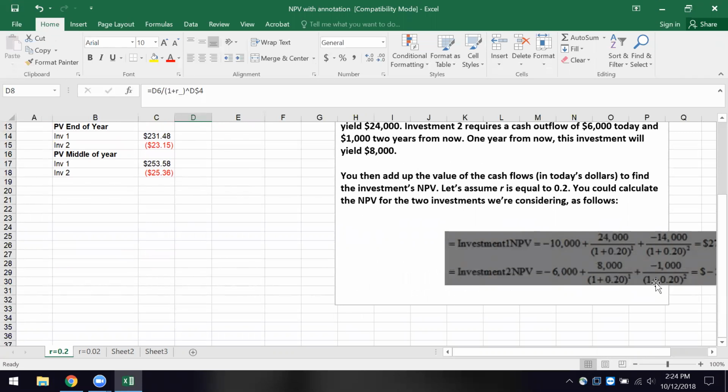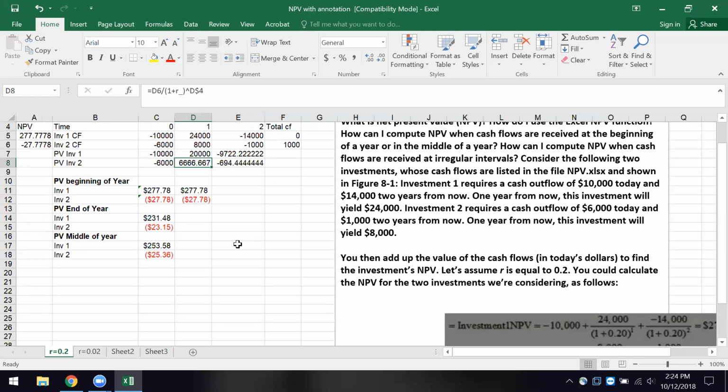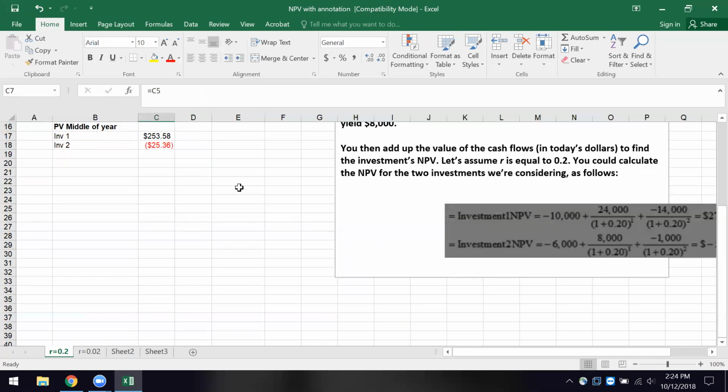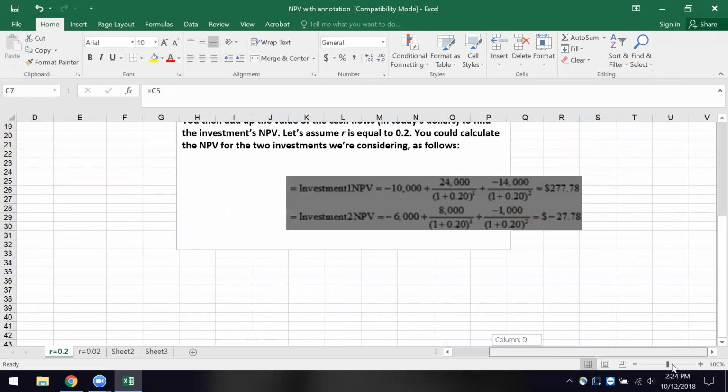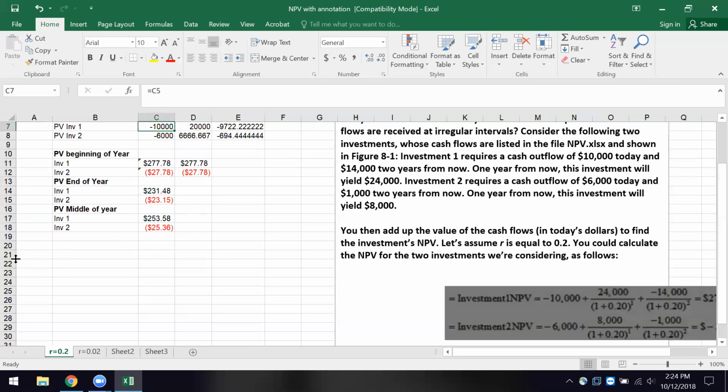And then it's plus minus 1,000. We take that minus 1,000 divided by 1.20 to the second power, and we get minus 27.78.